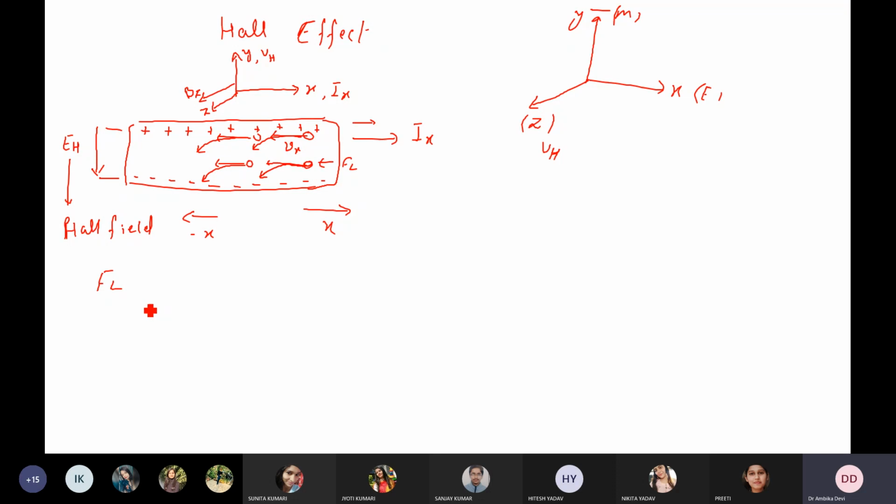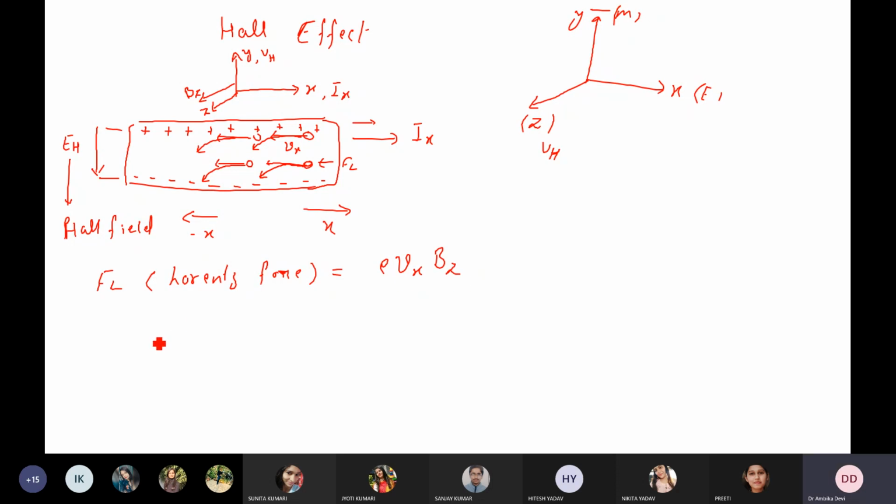Okay. So let us start with the Lorentz force. We know that the Lorentz force FL is given by e Vx Bz.